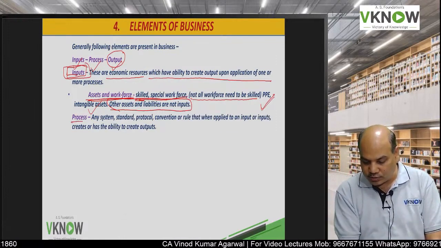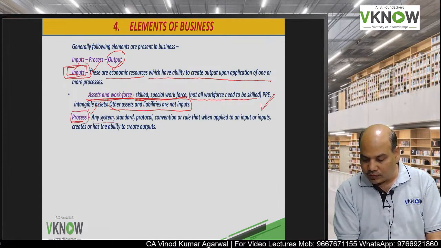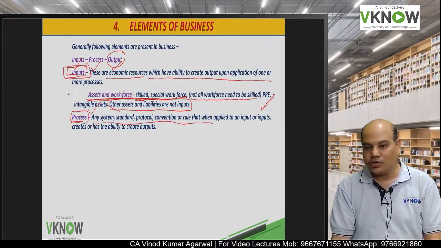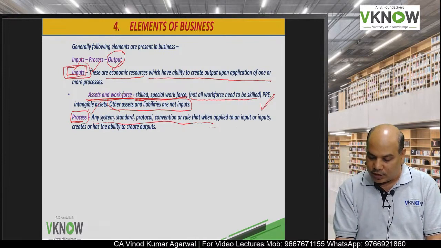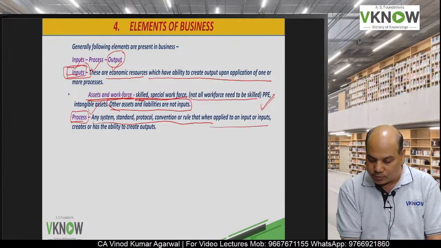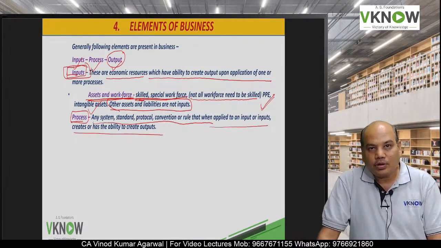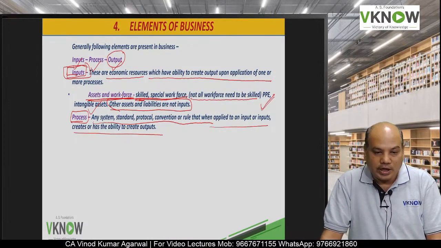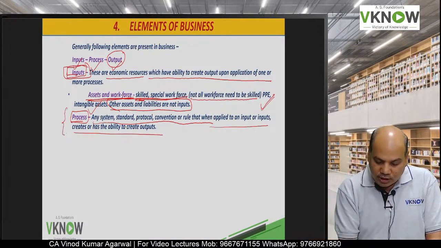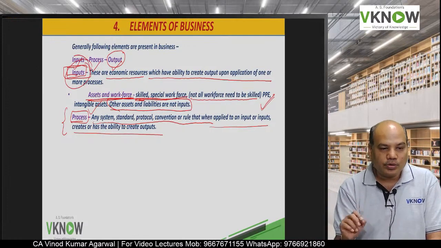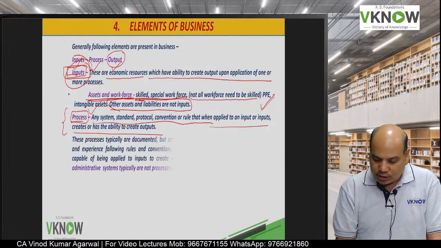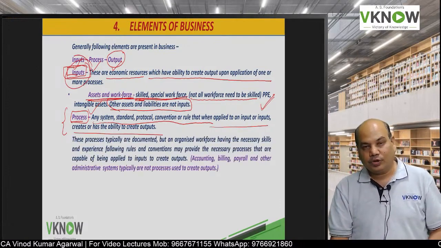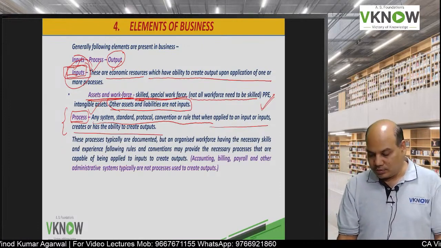What is process? Any system, standard, protocol, convention or rule that, when applied to an input or inputs, creates or has the ability to create output. So processes are applied over input to create output, like a production process or manufacturing process.